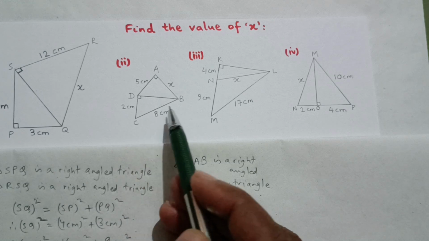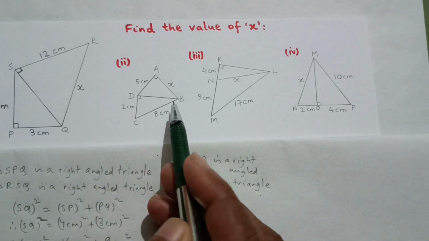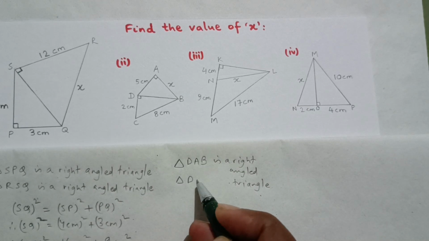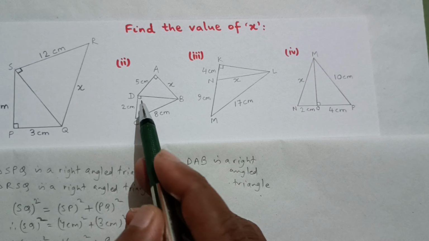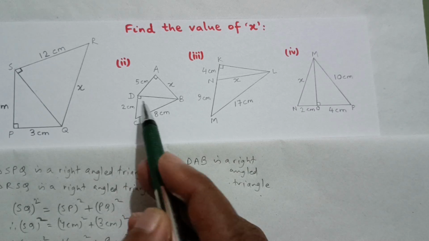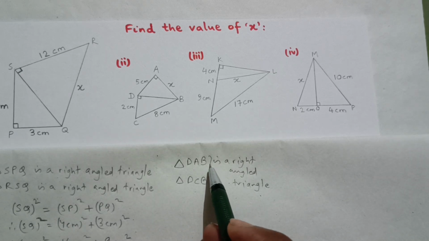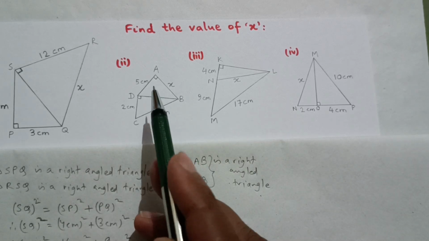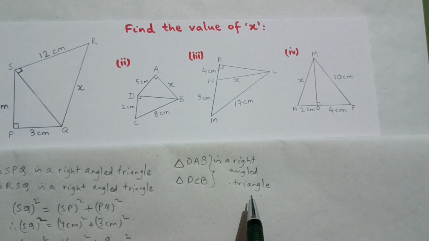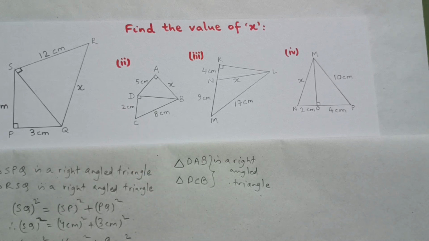Another triangle is triangle DCB. This is also a right angle triangle because here the angle CDB is 90 degrees. So both the triangles are right angle triangles.